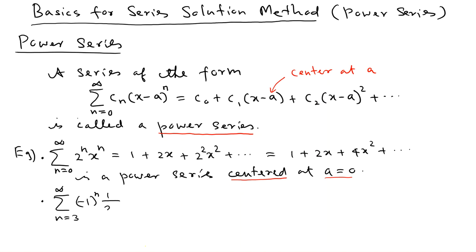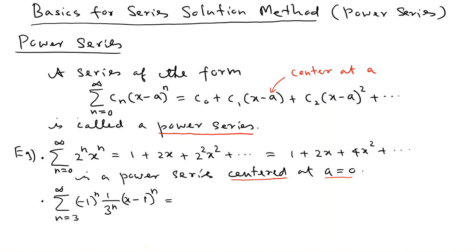Then 1 over 3 to the n, times x minus 1 to the n. What are the first few terms that you get? We have to plug in n equals 3 because that's the starting value.